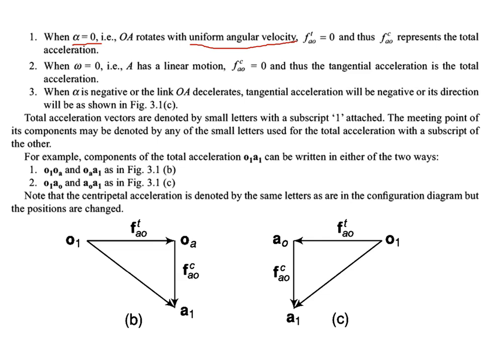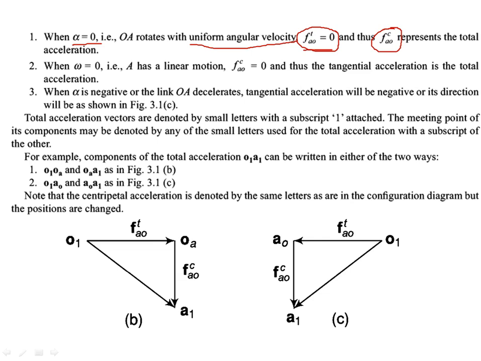In that case the tangential component Ft also will be 0. So these are the cases, and then only the centripetal acceleration will be considered. At that time only the centripetal acceleration will represent the total acceleration.